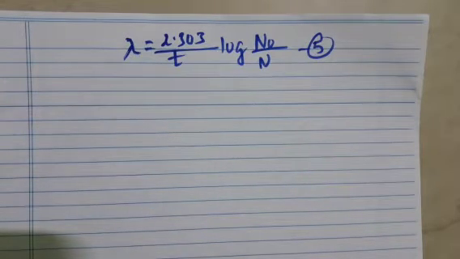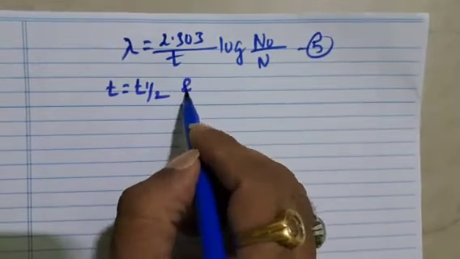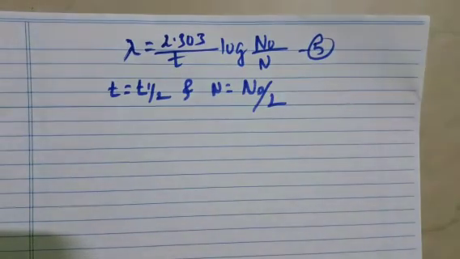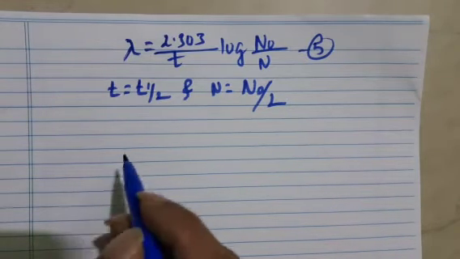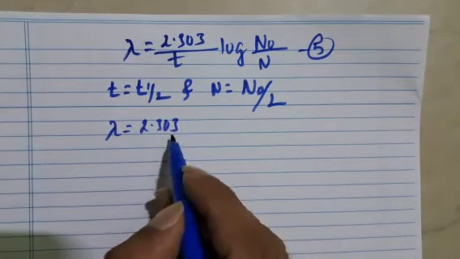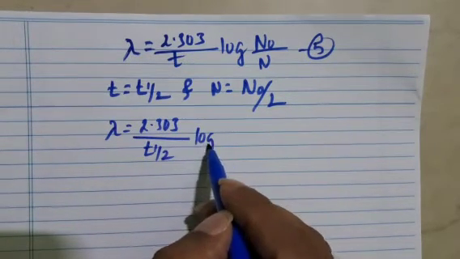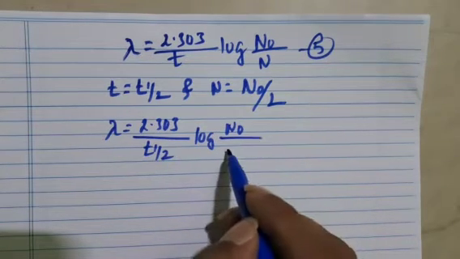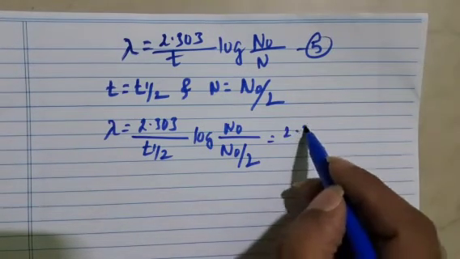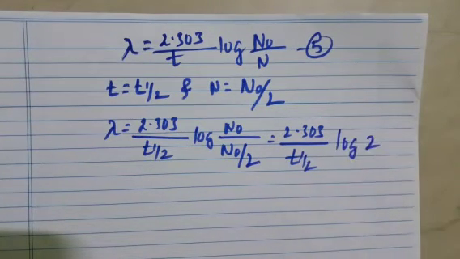If you substitute t equal to t half and N equal to N naught divided by 2 in equation number 5, you will get lambda is equal to 2.303 divided by t half into log of N naught divided by N naught by 2, which is equal to 2.303 divided by t half into log 2.